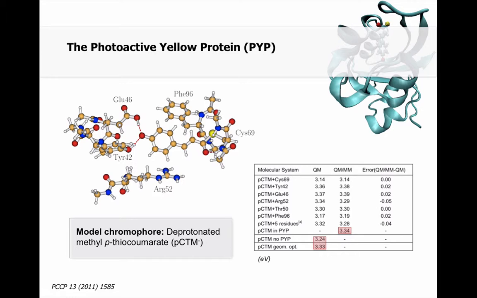These two processes shift the electronic excitation energy almost equally, but in two different directions, leading to a total cancellation of the two effects. So indeed there is a potential for performing color tuning of this chromophore when sitting inside the photoactive yellow protein. There is in fact a shift of around 0.1 eV caused by the direct perturbation of the protein environment.